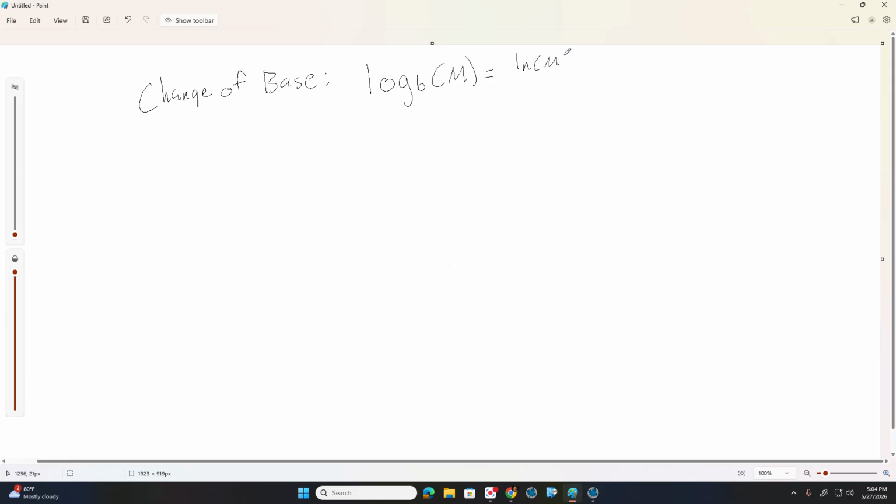It might be faster to represent it as a fraction, where you take the logarithm base e of m and divide by the logarithm base e of b. So for example, the logarithm base 8 of 64 is the natural log of 64 divided by the natural log of 8. Does that help you? No, not really, but there are some older texts that you might be reading, and they might be doing a lot of this, so I just like to shout it out.